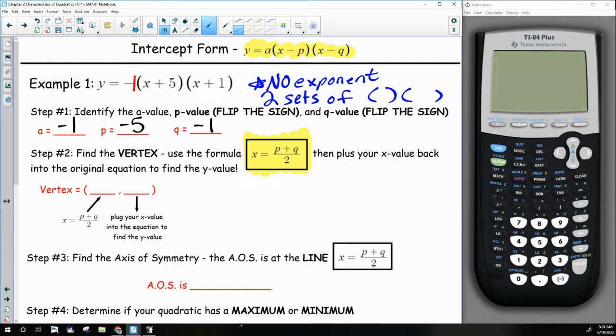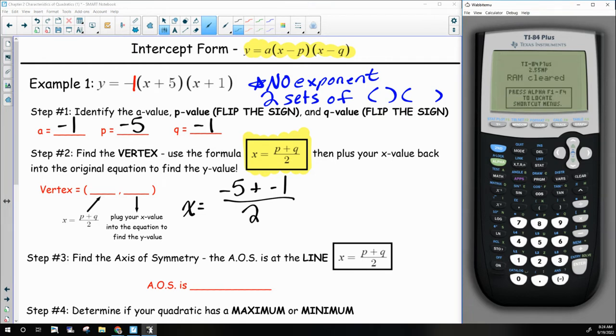So I'm plugging my numbers in for p and q exactly how they look. p is -5 plus q, which is -1, divided by 2. This is my x value. p plus q divided by 2. Put in p, put in q, divide by 2. We didn't even use our a value. So in our calculator, how would we plug this in?